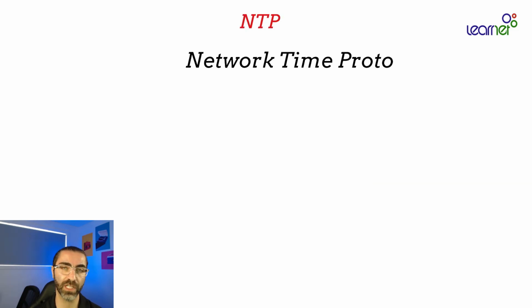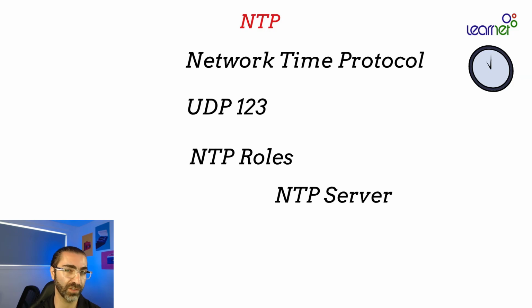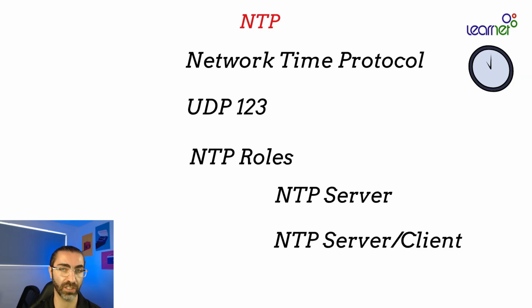NTP stands for Network Time Protocol, and it uses UDP port 123. Cisco devices can have two different NTP roles. They can either be NTP server only, which in this case they have to get their time from their local hardware or from other mechanisms other than NTP, or they can be server and client.